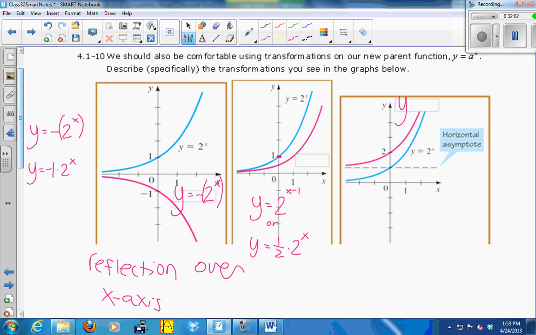So this would be y equals, how do you represent a vertical shift up 1 unit? Just add 1 at the end. So this would be 2 to the x plus 1. Great. Any questions so far?